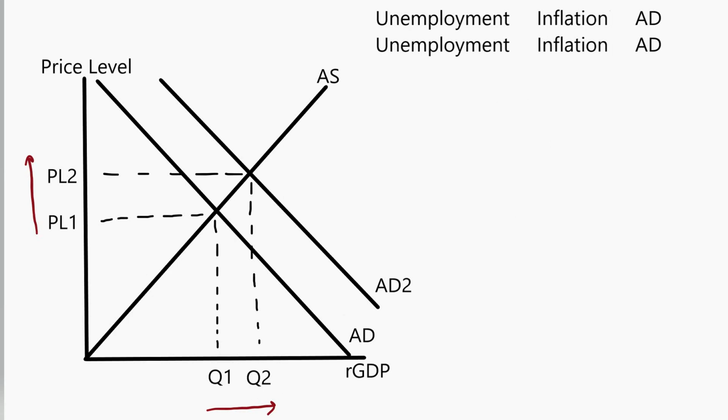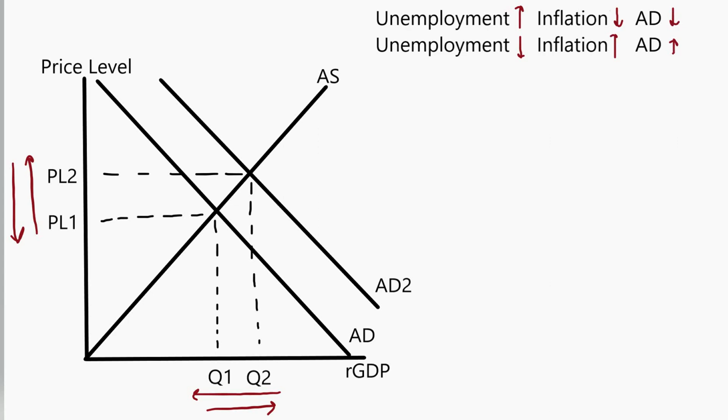So if the economic changes are led by AD, then when unemployment rises, inflation should fall. And when unemployment falls, then inflation should rise. And this is, of course, led by AD going down or up, as can be seen on the graph.